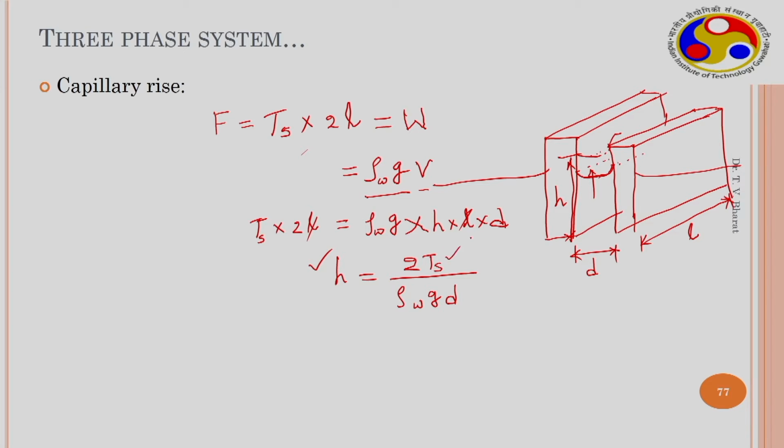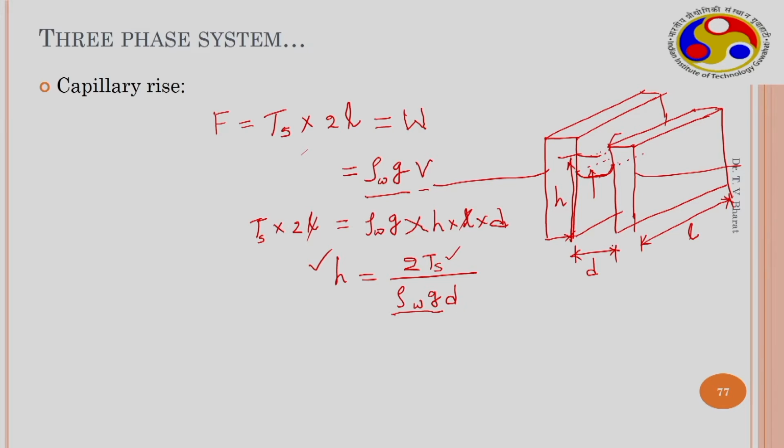Here the surface tension we can find out depending on the temperature. At different temperatures we know the surface tension. The density of water rho W is also known at a given temperature. g is 9.81. Together we can substitute the unit weight of water, which is 10 kilonewton per meter cube at standard temperature, and d is the space.